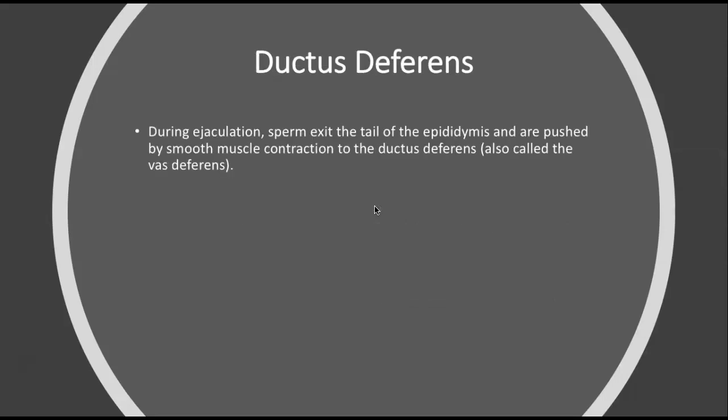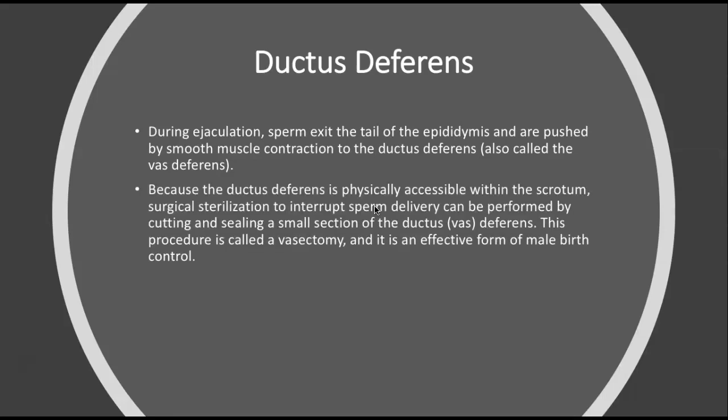Okay, let's talk about the ductus deferens. During ejaculation, sperm exit the tail of the epididymis and are pushed by smooth muscle contraction to a structure called the ductus deferens, also called the vas deferens. Because the vas deferens is physically accessible within the scrotum, you can surgically sterilize this by interrupting the sperm delivery.